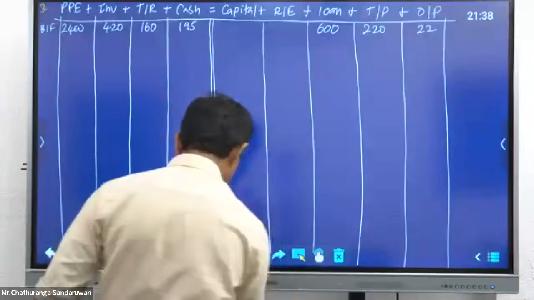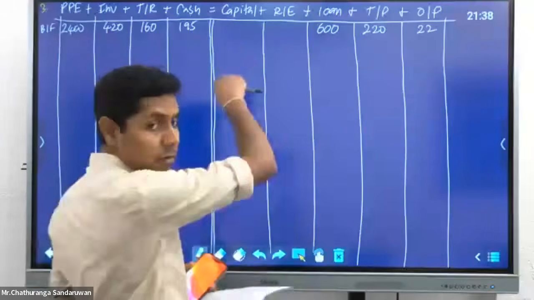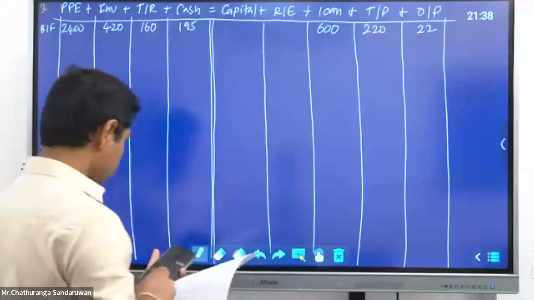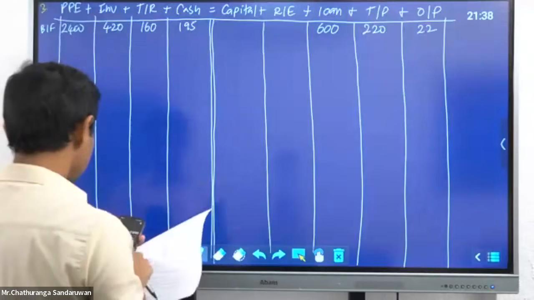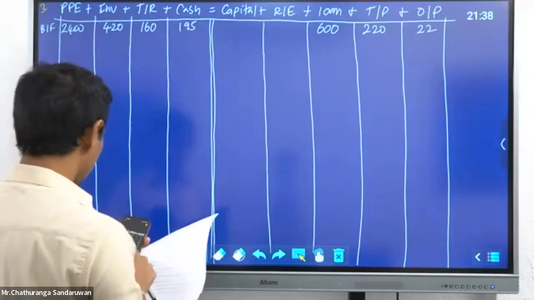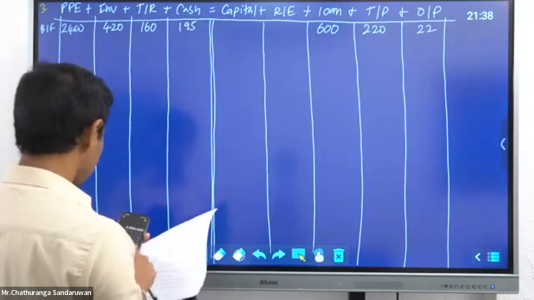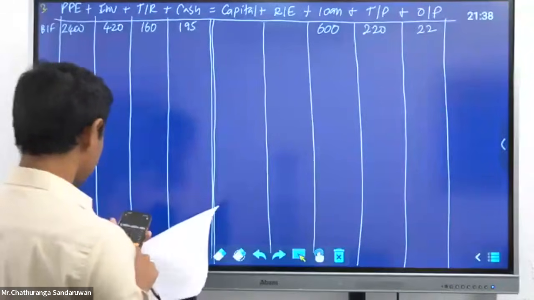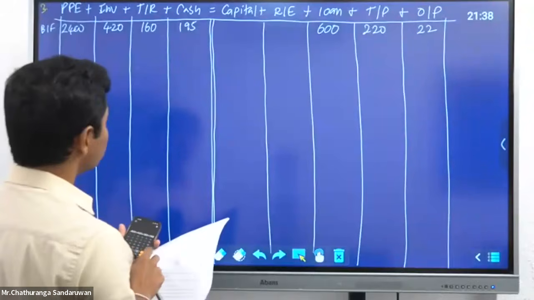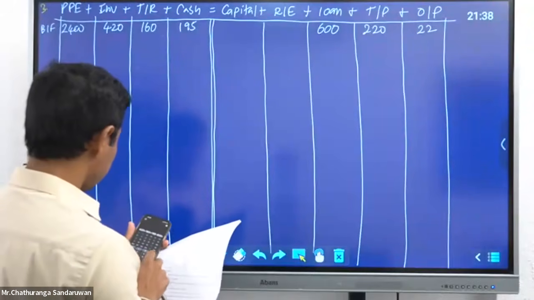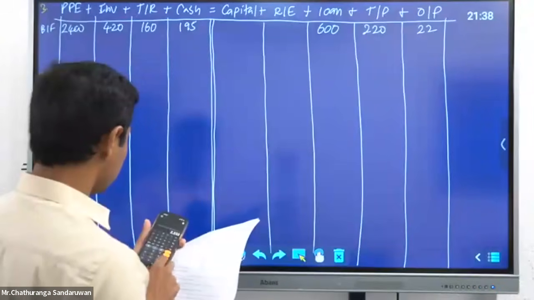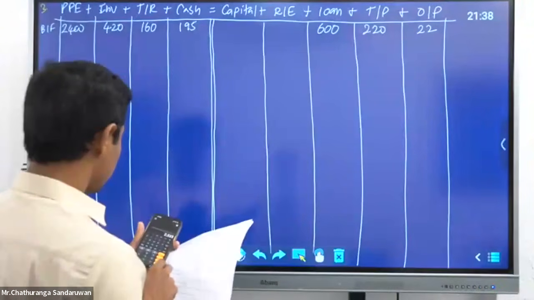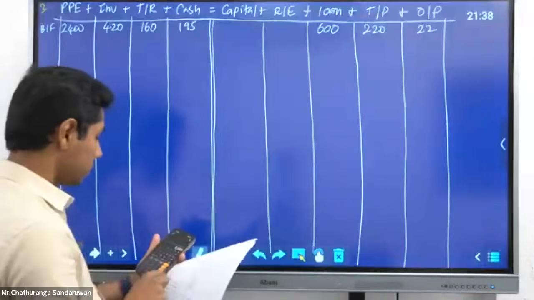That should have been given, right? One balance at least. So if I take the total of the equity, 2,400 asset value, let me give you the value: 420, 160, 195 minus 600 minus 220 minus 222.